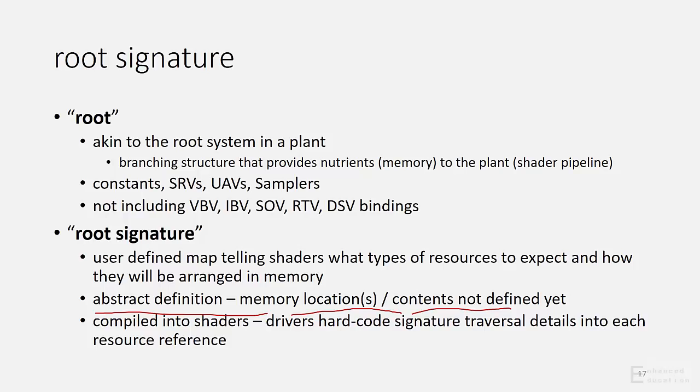Just the layout of the data structure is defined. The root signature definition actually gets compiled directly into shaders so that drivers actually hard code the traversal through the signature directly into each resource reference into the shader.